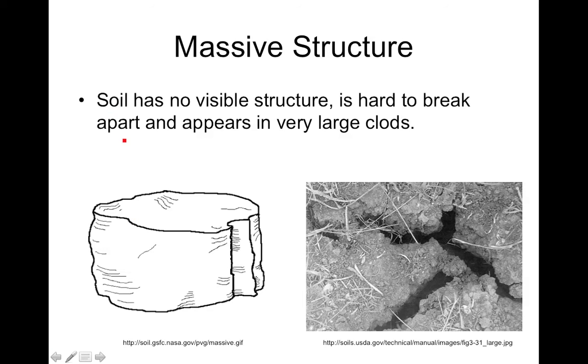We have almost no visible structure, but you can break it up into very large clods. And these types of soils are actually quite susceptible to both tunnel erosion, because water can get down into these cracks and move off horizontally, and also they provide locations where water can accumulate and then rapidly gain velocity to start eroding.